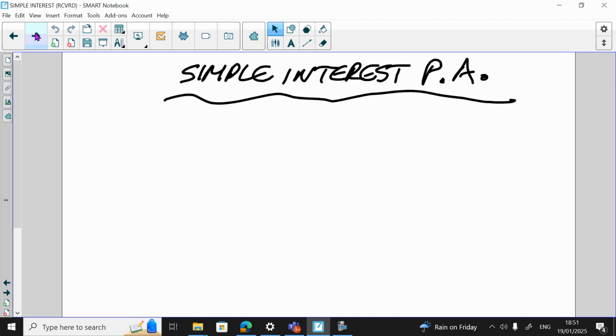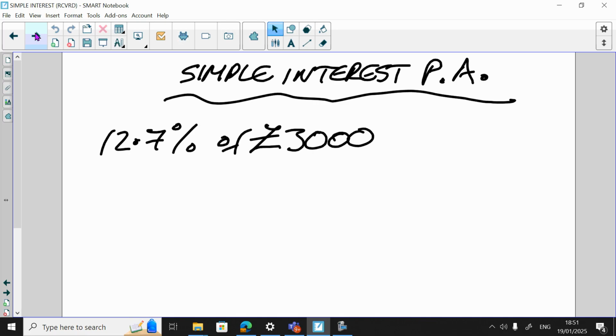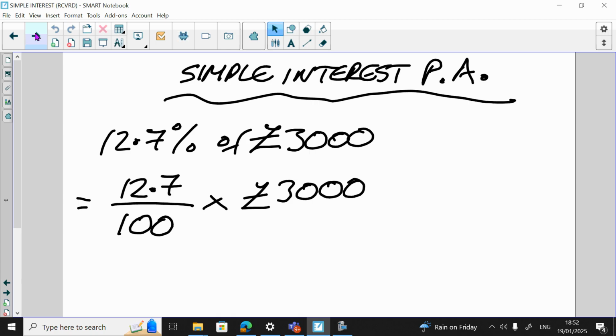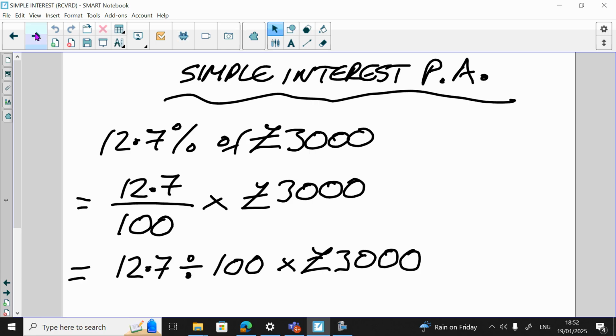So the thing you want to sort out right away, let's just get simple interest per annum on that amount. So 12.7% of 3,000 is 12.7 over 100 times 3,000, whatever that is.